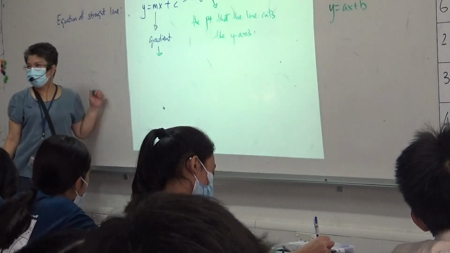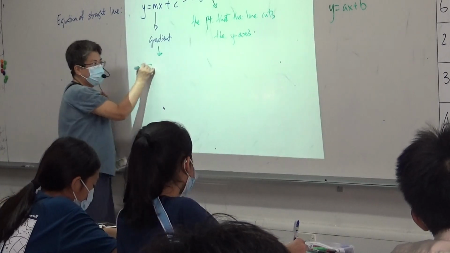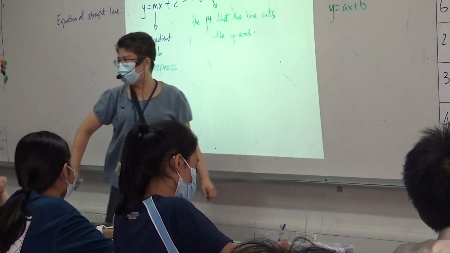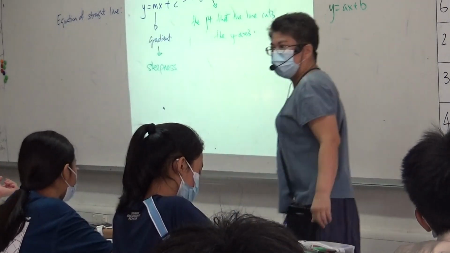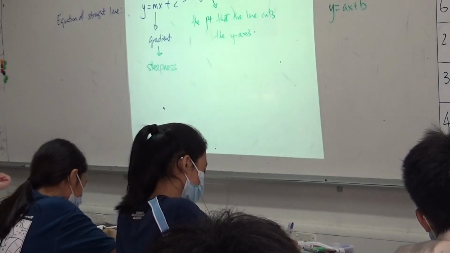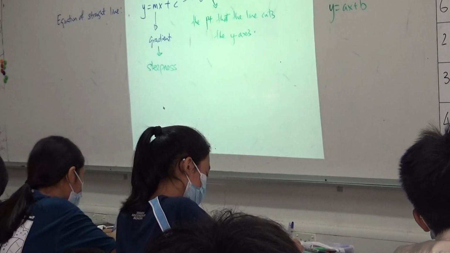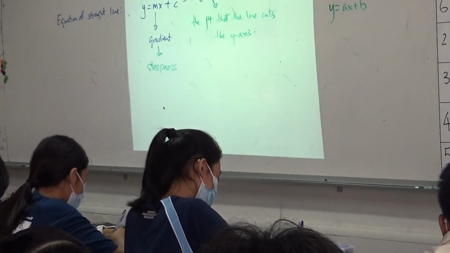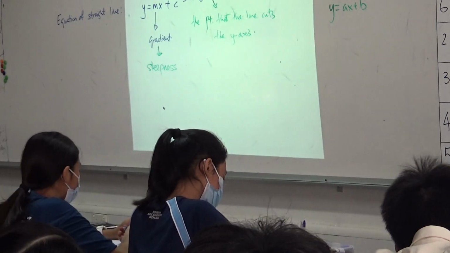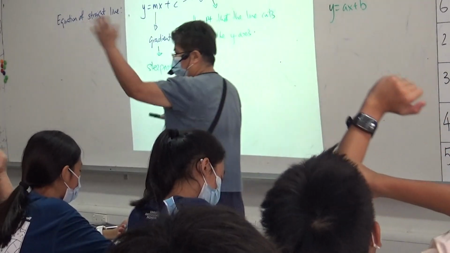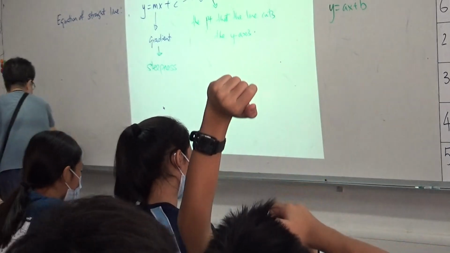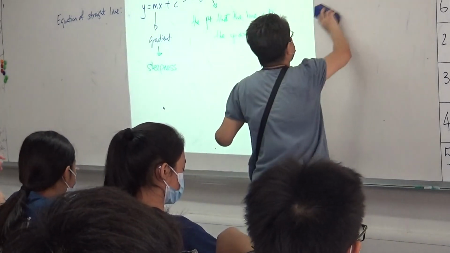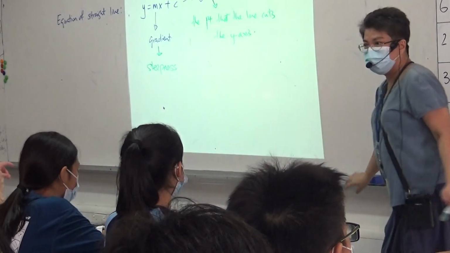And what is a gradient? Gradient means the steepness of the line, how steep the line is. Do you understand what I'm talking about? Yes or no? Okay, I repeat: I will usually use y = mx + c, where m represents the gradient and c is the y-intercept.